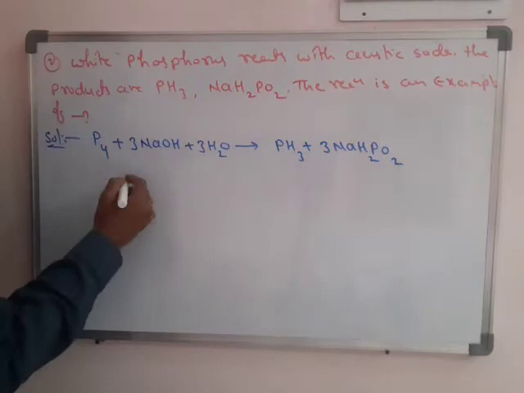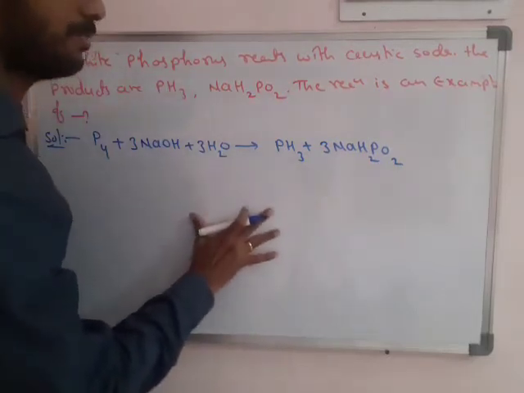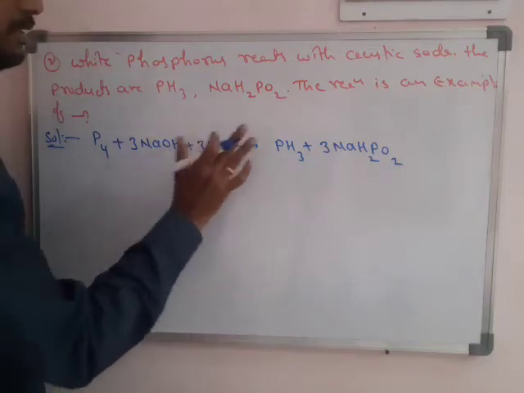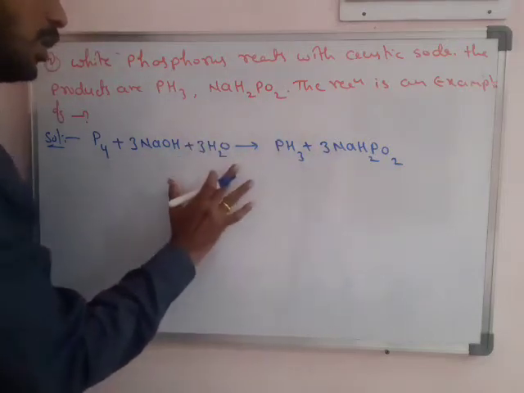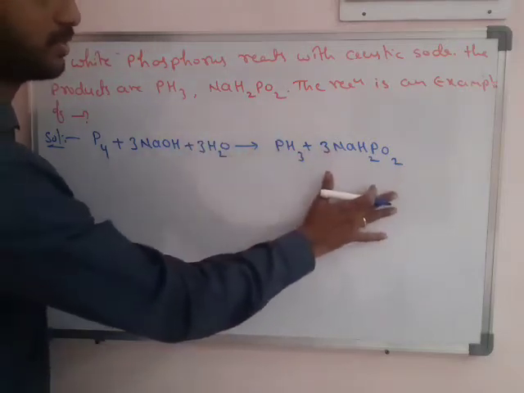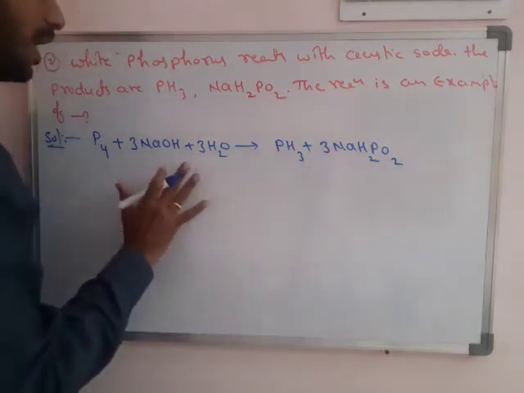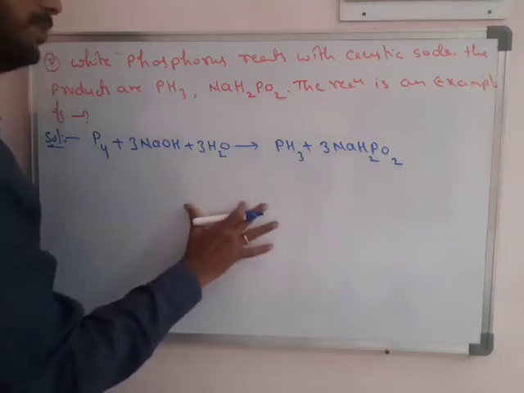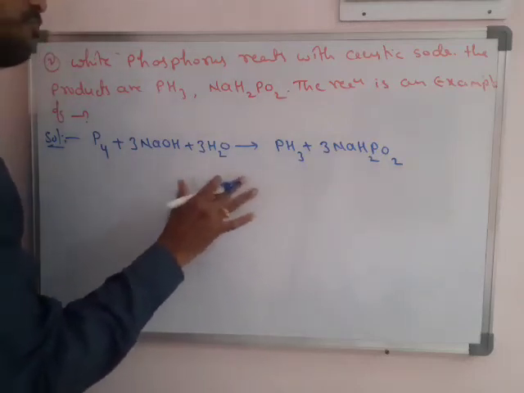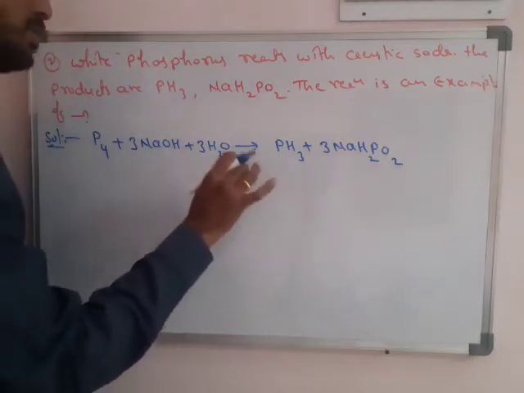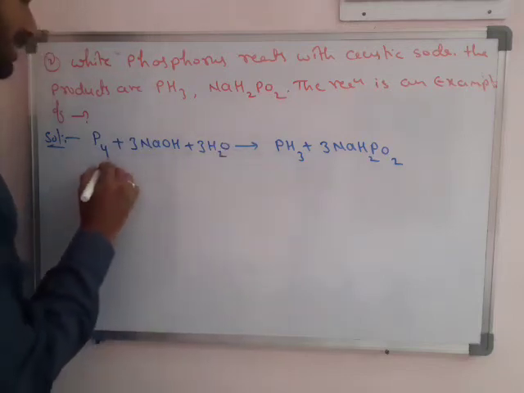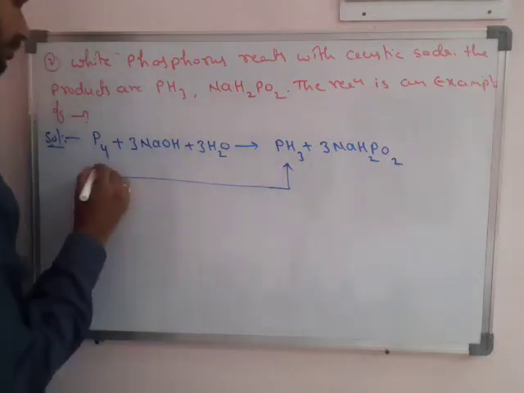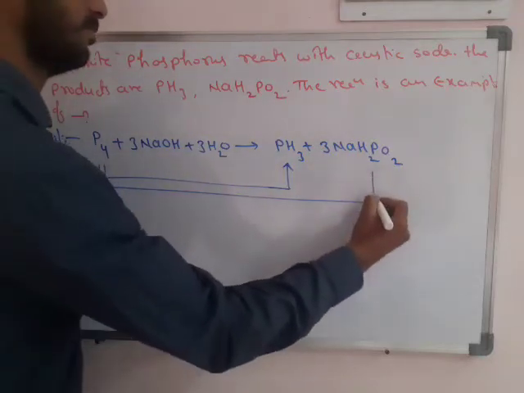Here we can't compare any other oxidation numbers except phosphorus, because sodium is always +1 in the reactants and products, oxygen is always -2, and hydrogen is +1 on both sides. So we can compare the oxidation numbers of phosphorus only, because the change in oxidation number is only in phosphorus.